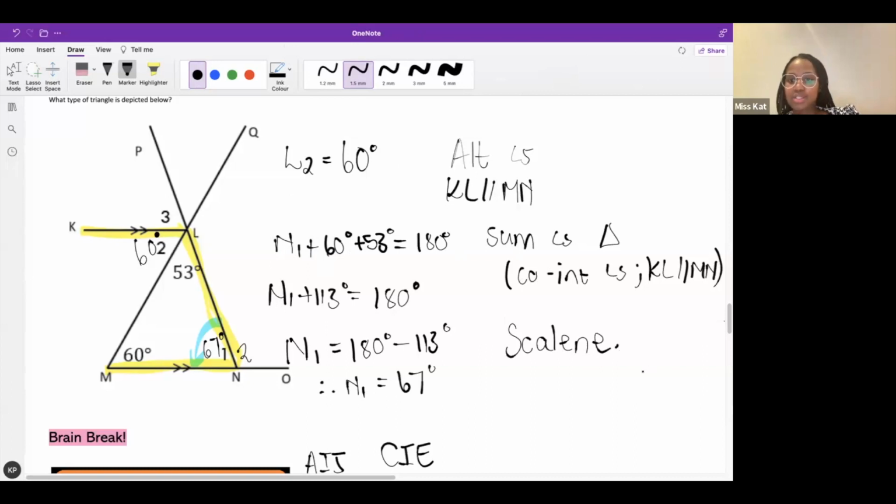All angles are different. But what other property do we have? It's a scalene. Is it an obtuse triangle? Is it a right angle triangle? So you need to tell me something about the sides. There we go. So we have an acute scalene triangle. And that is the end of our lesson.